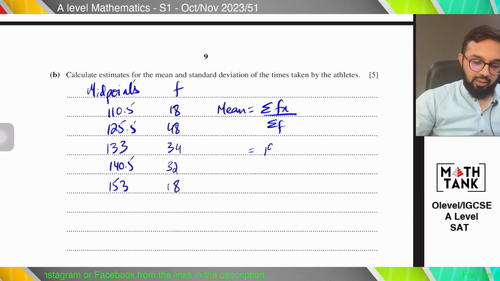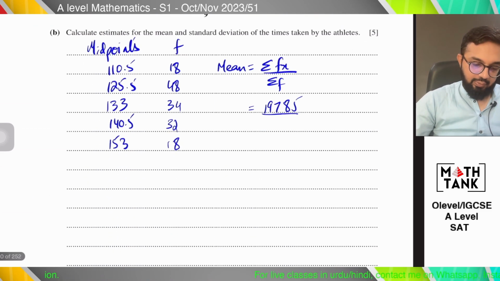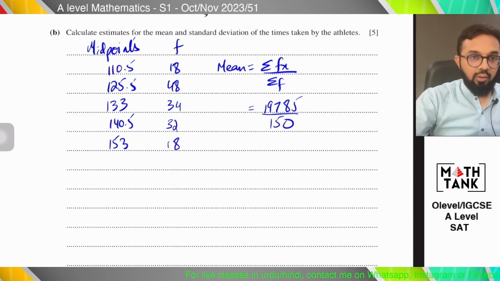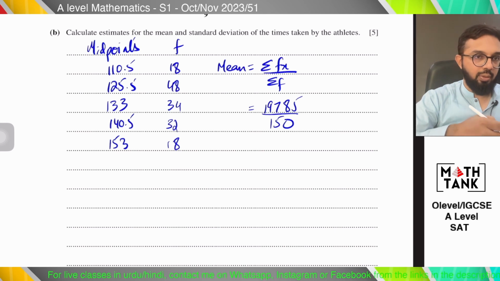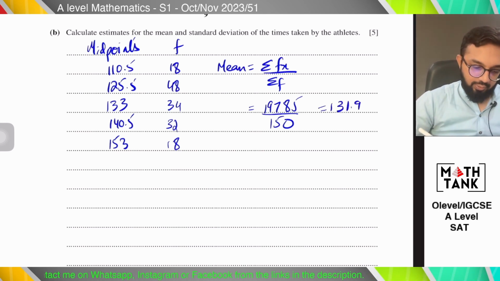I have 19785 divided by how many athletes? 150 athletes. Divided by 150, I'm getting 131.9 for the mean.